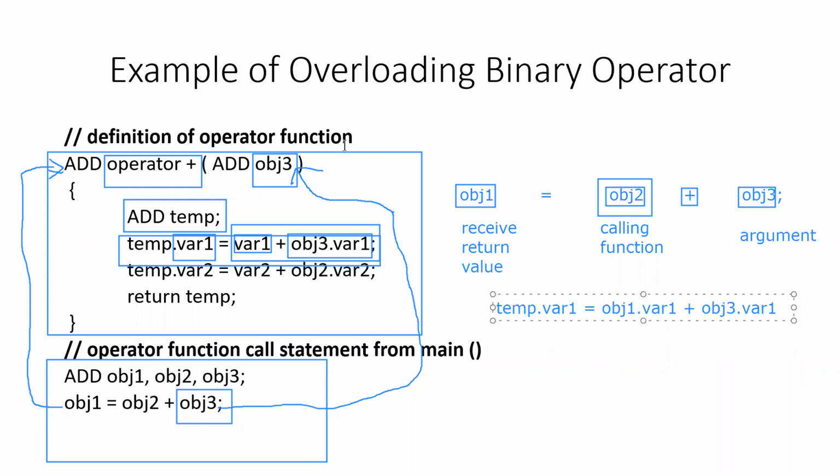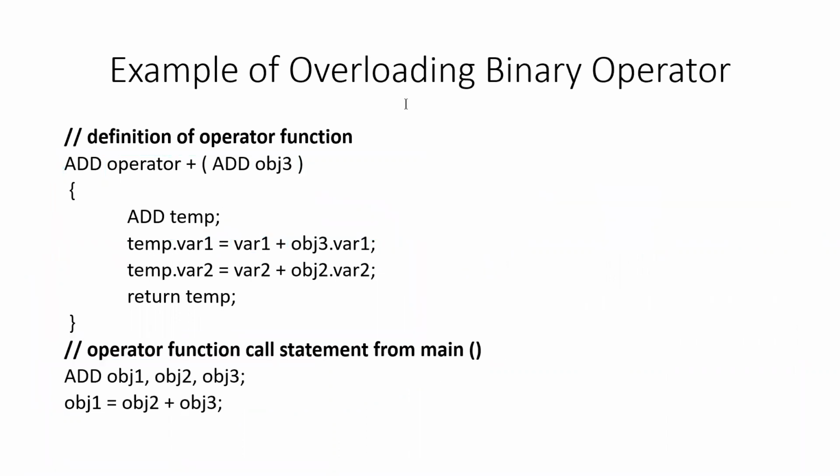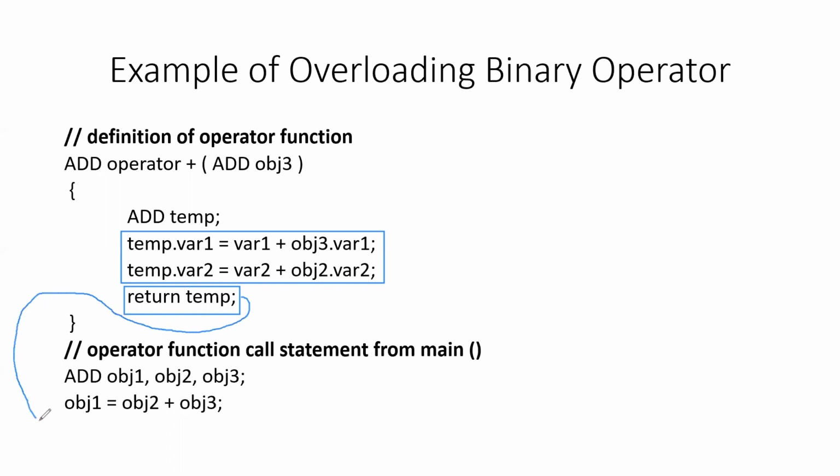Once we apply the addition to both the data members, we can simply return the object. And once the return statement is executed, the values of the data members of the temp object will be passed to object 1.